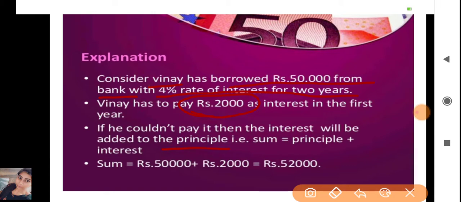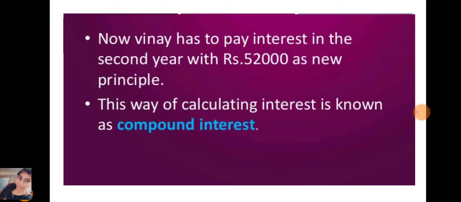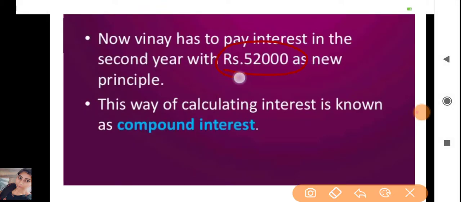The interest will be added to the principal. So this 2,000 will be added to this 50,000. So the principal plus interest, that will be the sum, 52,000. Now this 52,000 will become the principal for the next year. So now the next interest will be paid on 52,000, right? This is the way we calculate interest.